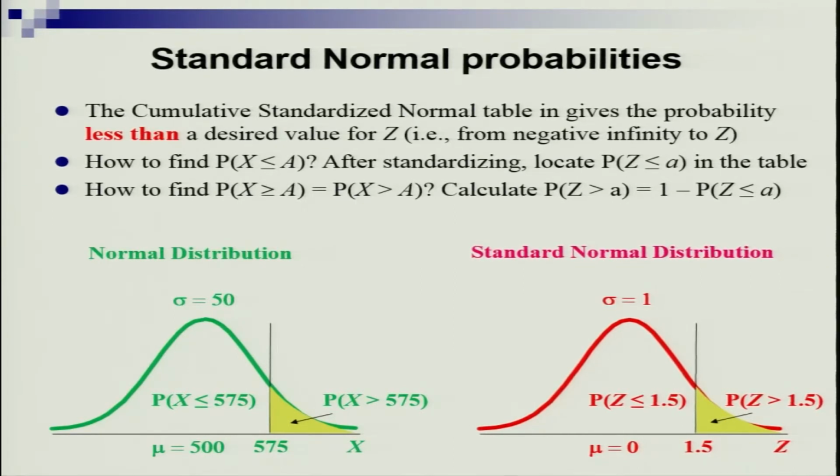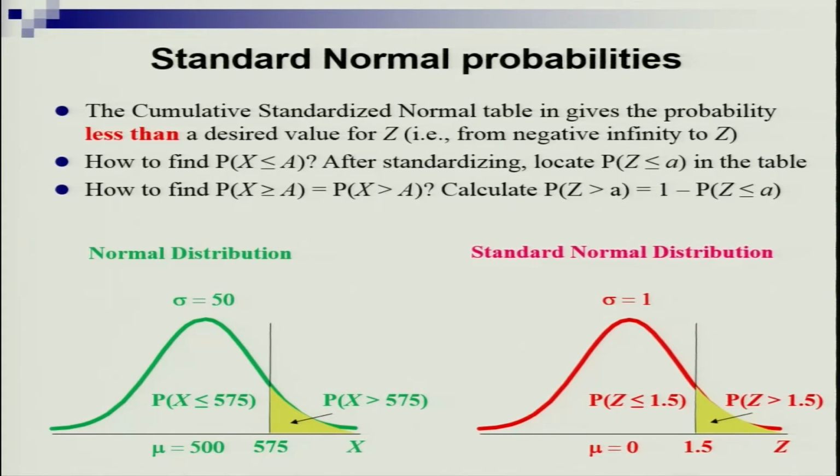The area here is the white shaded area, the white colored mass at the right hand side of the curve. The residual part, which is marked yellow, is at the left of this vertical line. That gives me the probability that x takes a value greater than 575.